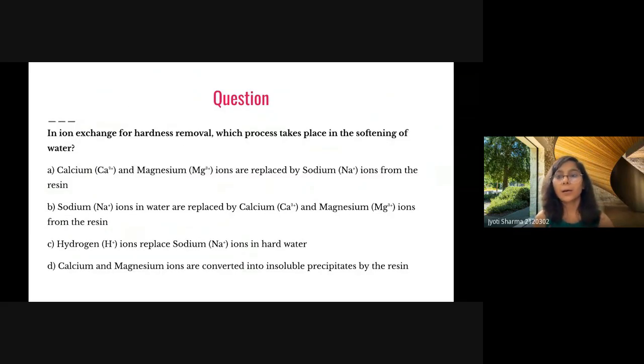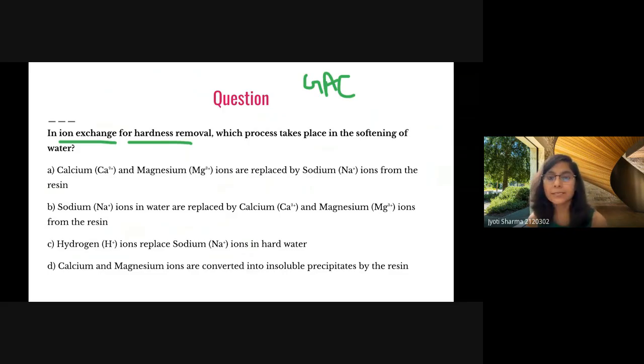We talked about GAC, right? GAC is part of adsorbents, but among adsorbents we also have ion exchange, and this ion exchange is used for hardness removal. You have to tell me which process takes place in the softening of water. We have four options here.